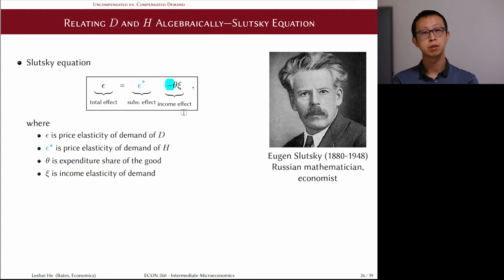The interpretation of the positive income elasticity is that the demand will increase by xi% when the income increases by 1%. But when the price increases, the effective income doesn't increase. It actually decreases.